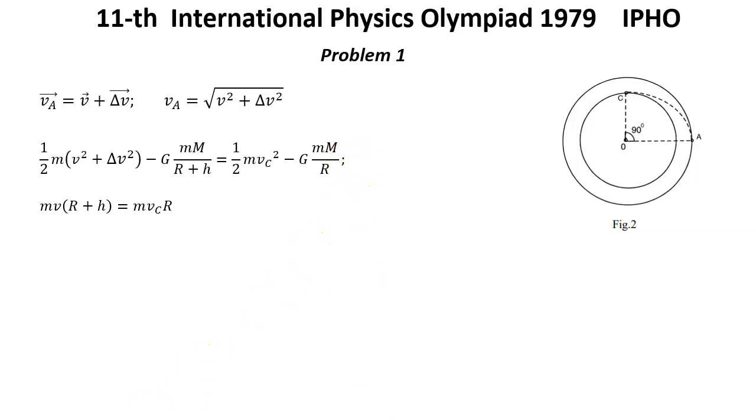Also, we can use the formula from previous question 1, that v square equal g multiplied by R square over R plus h.